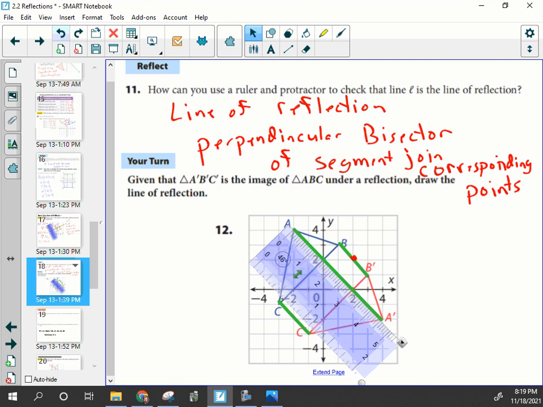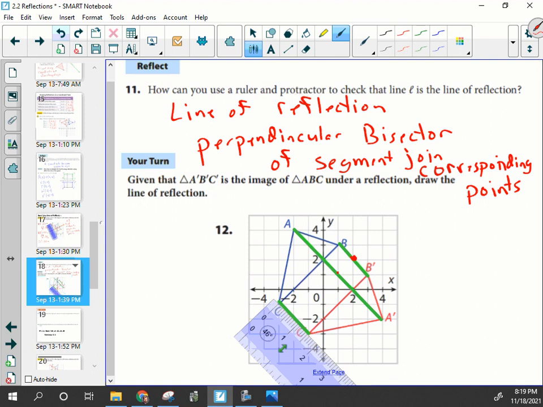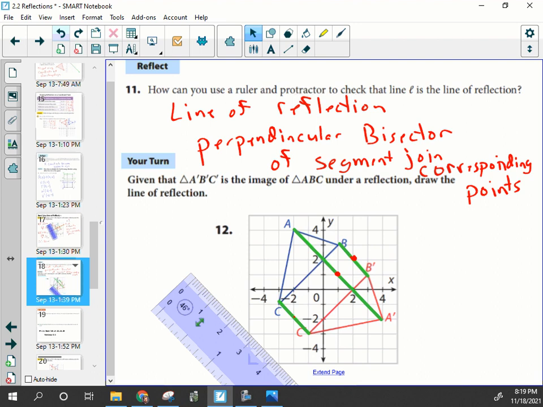Half of 4.5 is 2 1/4, so about 2.25, between 2.2 and 2.3. I've got C to C prime. Measure with my ruler, get 1.5. About 0.75 is about right there. So right there I did the 3 midpoints.